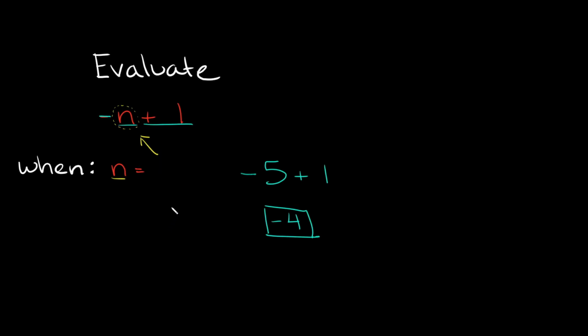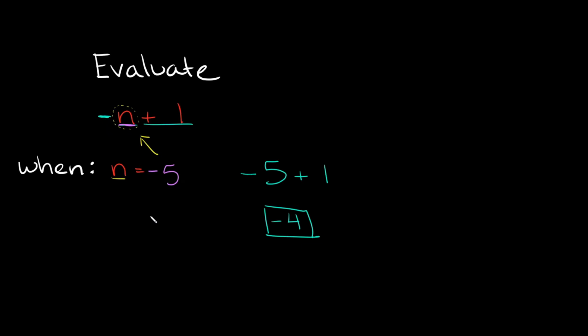Okay, let's try this problem one more time. So we're being asked to evaluate negative n plus 1, and now we're going to say when n is equal to negative 5. So we're going to plug in a negative 5 for just n right here, but we still have this other negative sign out here in front.